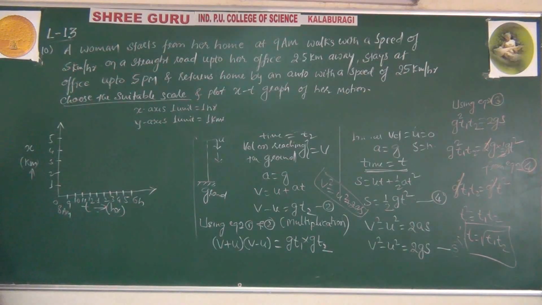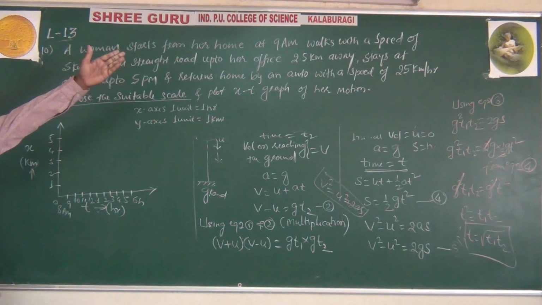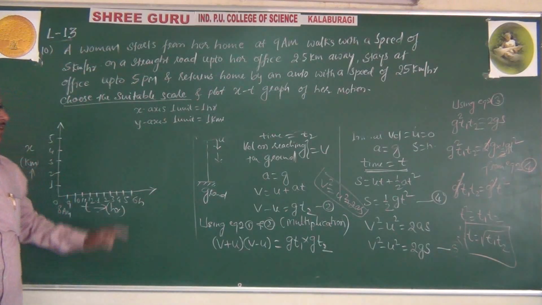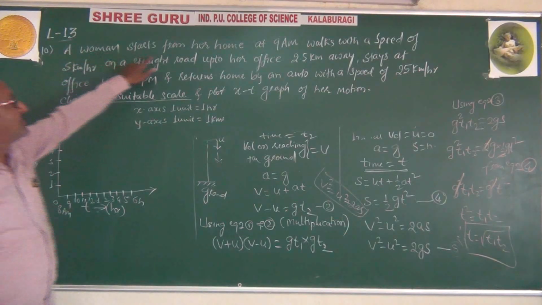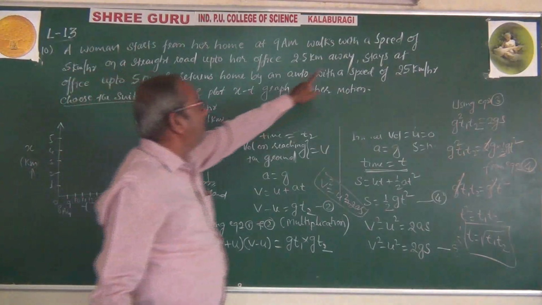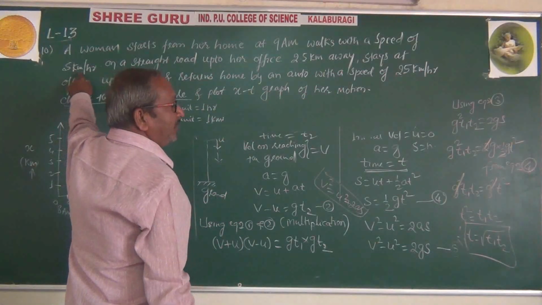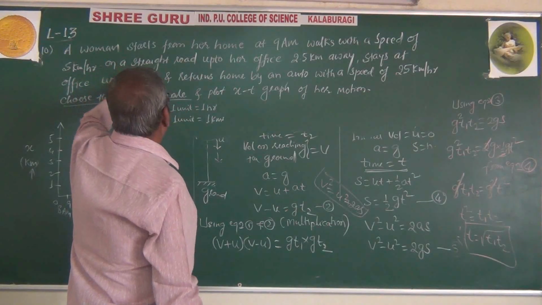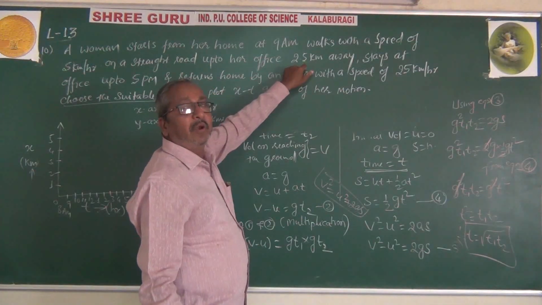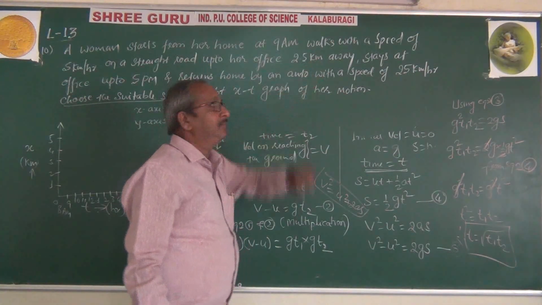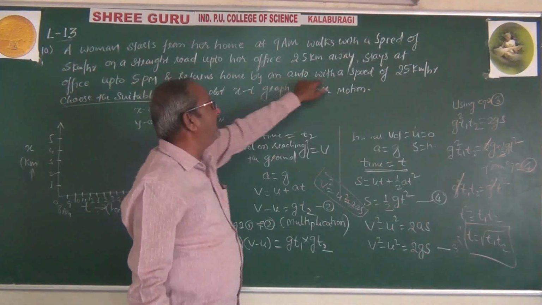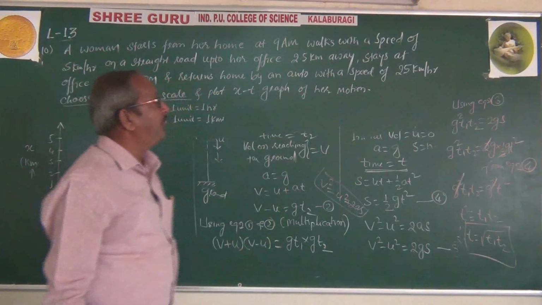After that, according to what they have given, you have to plot. The woman starts from home at 9 a.m. with a speed of 5 km per hour on a straight road up to her office, which is 2.5 kilometers away. She stays at the office and returns home by auto with a speed of 25 km per hour.